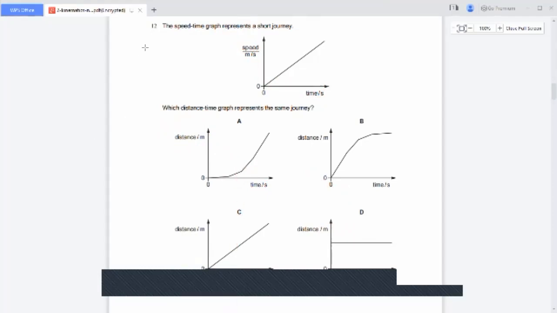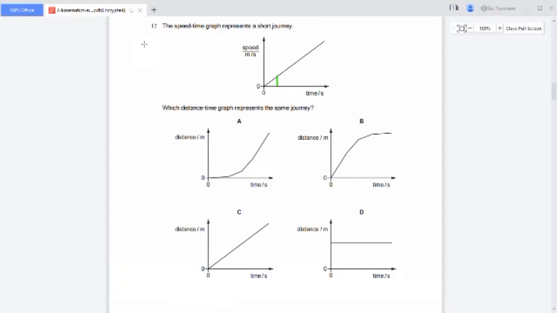Okay, so initially you can see, suppose this is 1 second and speed is 5. In 1 second it is 5. Suppose here is 2 seconds, because it's a uniform speed graph, so here would be 10.